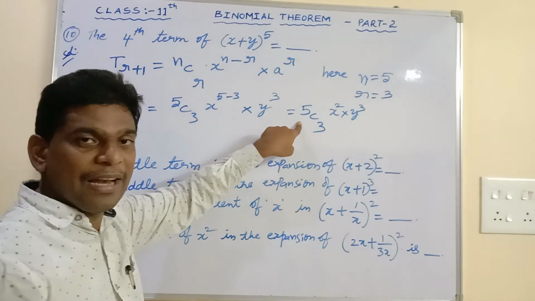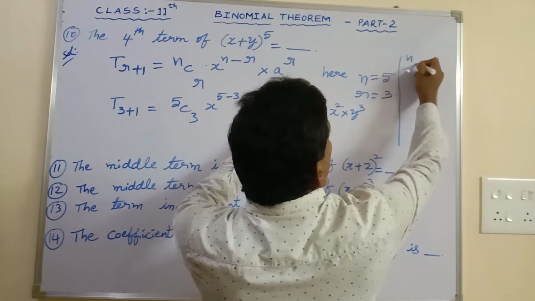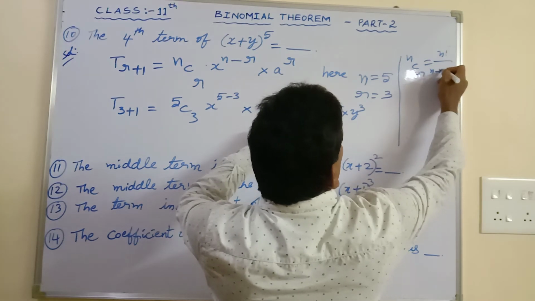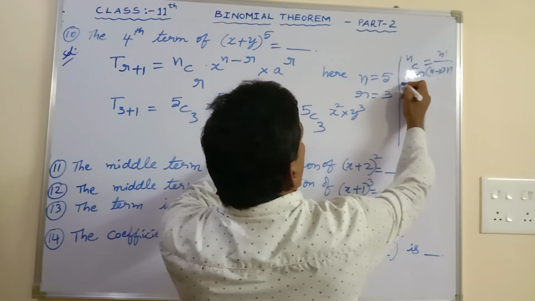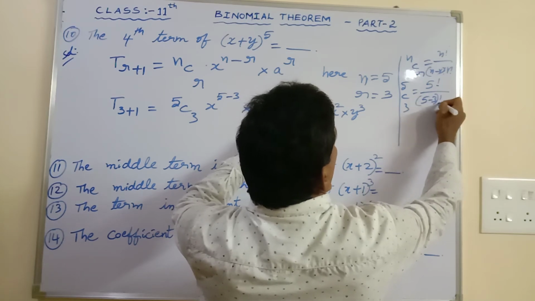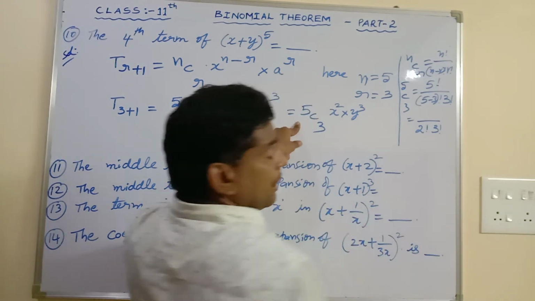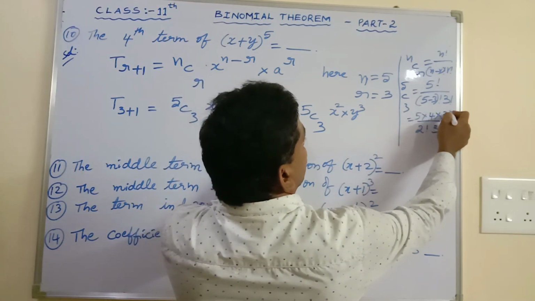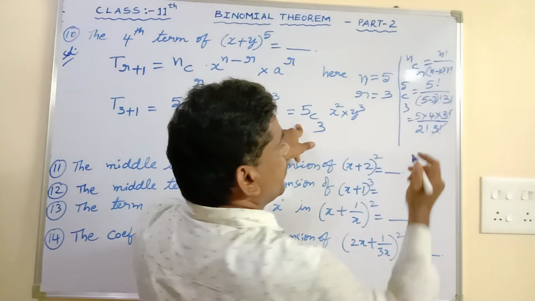We need to find the value of 5C3. How will you find 5C3? By using the formula nCr equal to factorial n by factorial n minus r into factorial r. Here n is 5 and r is 3. So 5 factorial by 5 minus 3 factorial into 3 factorial, that is 2 factorial into 3 factorial. 5 factorial can be written as 5 into 4 into 3 factorial, so 3 factorial will be cancelled. 2 factorial is nothing but 2 into 1, 2 only.